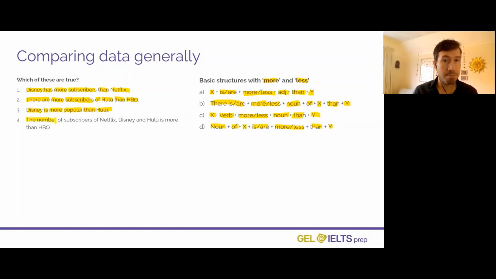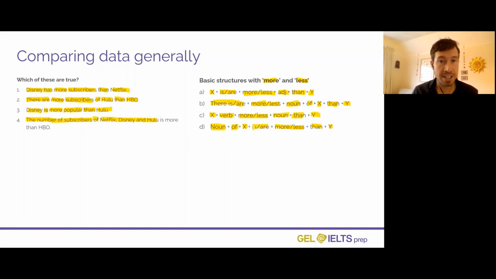So the number, that's the noun. Oh, sorry, we've got this whole thing. The number of subscribers, that's the noun. Of, here we go, is of. Netflix, Disney, and Hulu, that's what we're using for X there. Got three things there, but they're all X together.